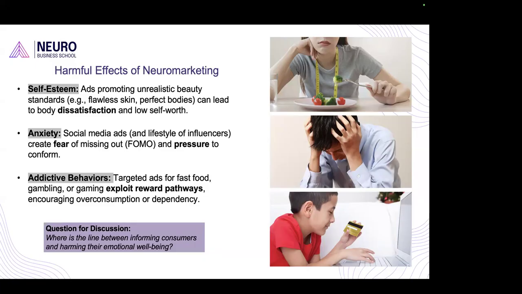Isn't it the case that in this specific situation, social media and neuromarketing grow faster than the educational system, government, and society do? Because this is my personal opinion, right?